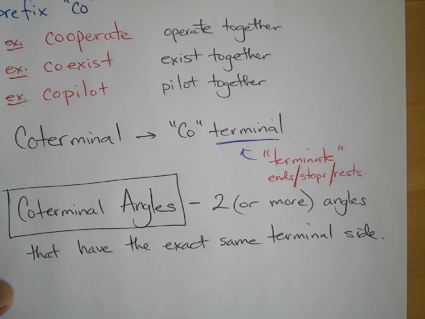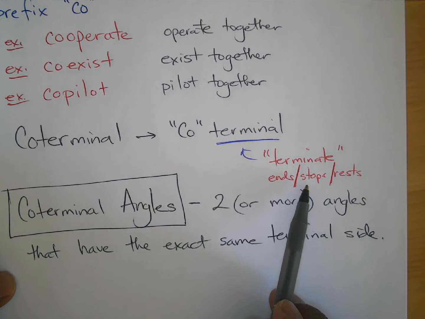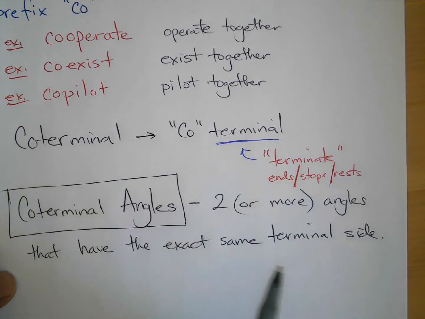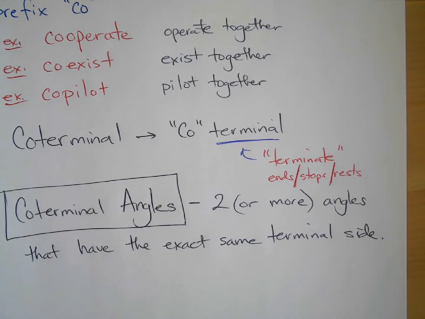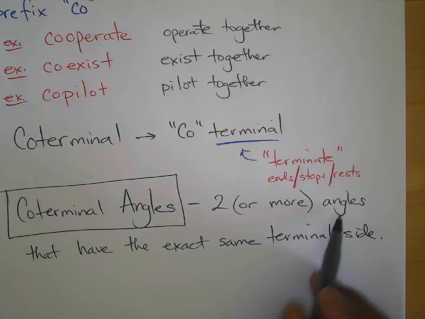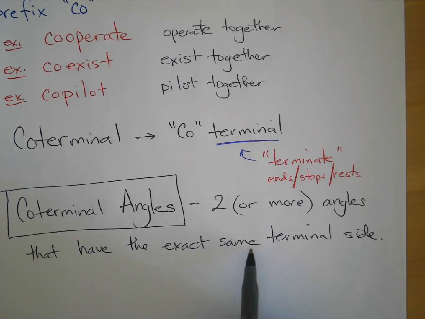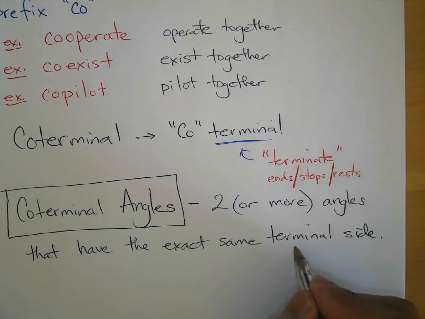They're not the same angle, right? Not necessarily, they're not the same angle, but where they stop in the quadrant, exactly where they end and where they stop and where they rest, it's in the exact same place. So you have to have two or more angles so that we can see if they share that same terminal side. Two or more angles that have the exact same terminal side.